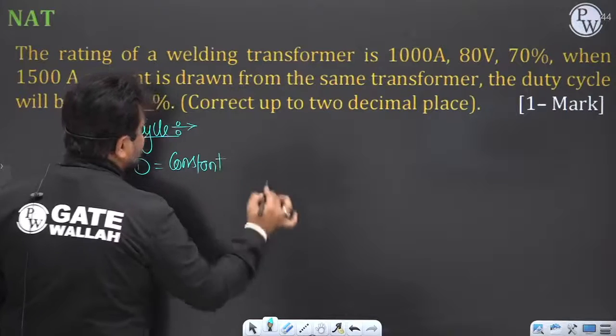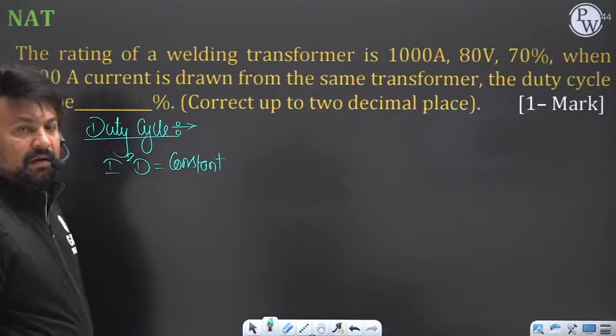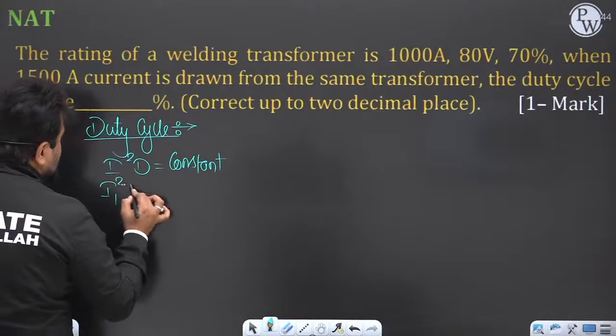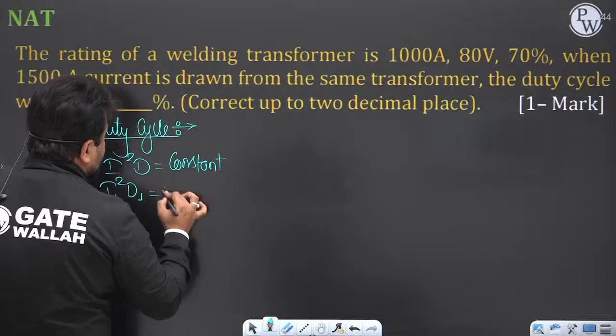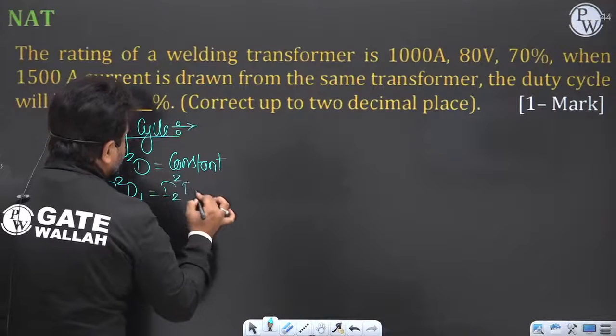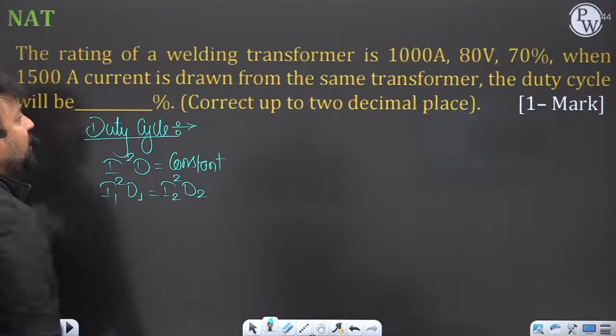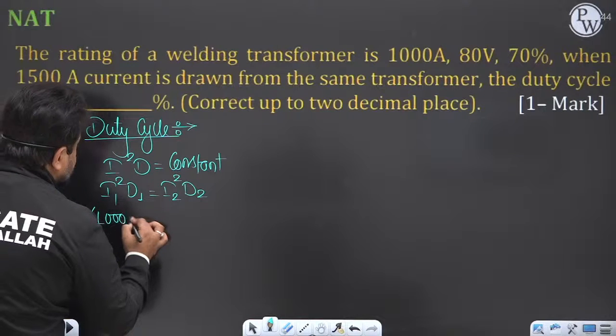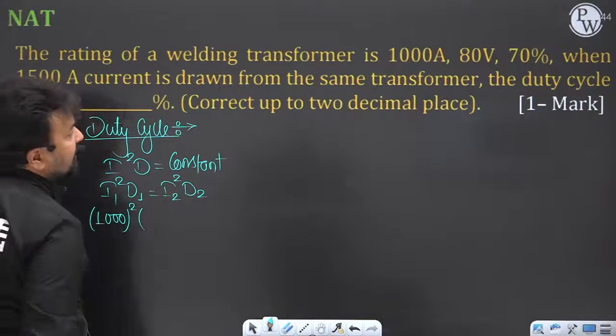Am I clear? Now, here two cases are given. So I1 square D1 equal to I2 square D2. I1 will be 1000 square. D1 is what?